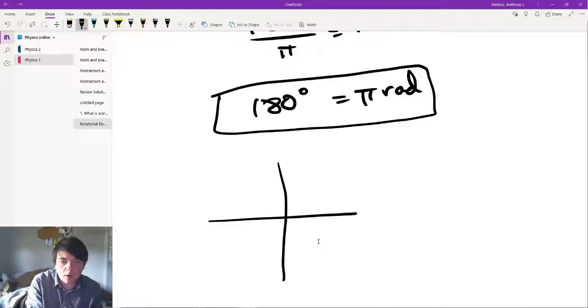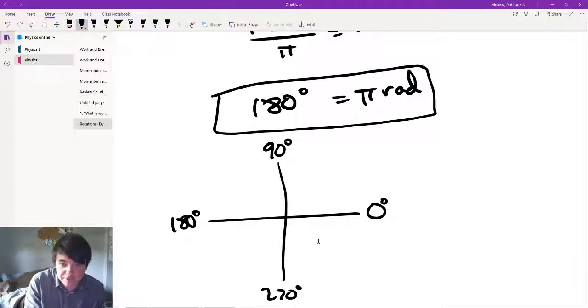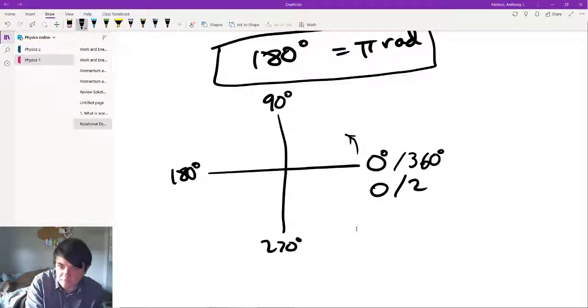So this conversion, if you're looking at it, you get 90 degrees. This is just a typical coordinate system, in degrees, and you're rotating that way, as is convention. You rotate counterclockwise. 0 degrees and also 360 is 0 radians and 2 pi radians.